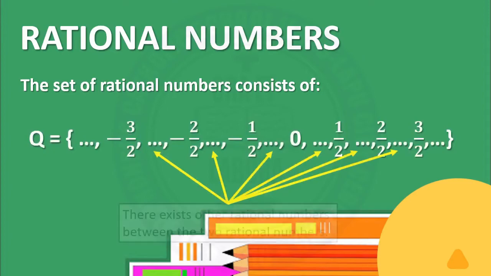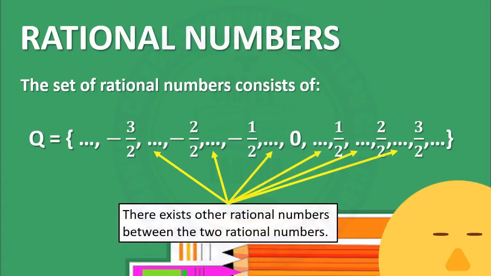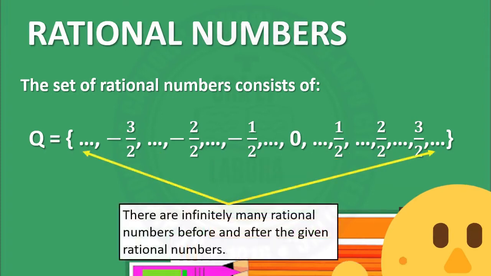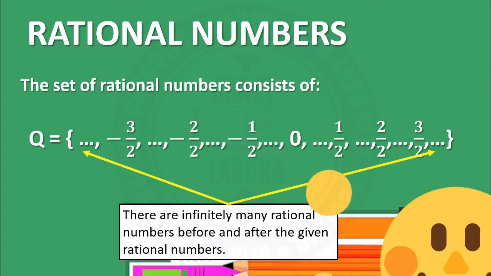The ellipsis between these numbers means that there exist other rational numbers between the two rational numbers, while the ellipsis before and after these numbers means that there are infinitely many rational numbers before and after the given rational numbers.